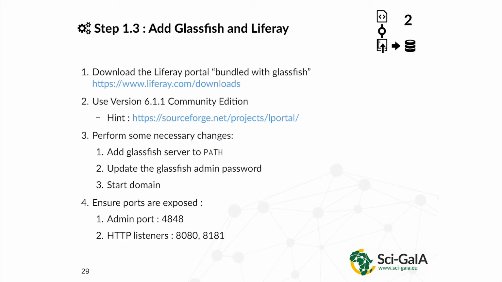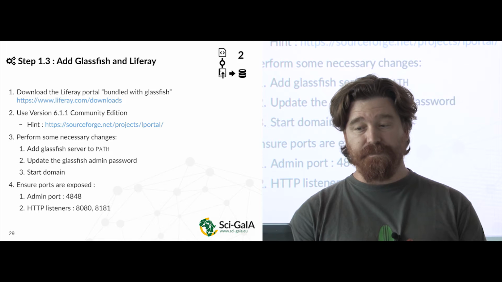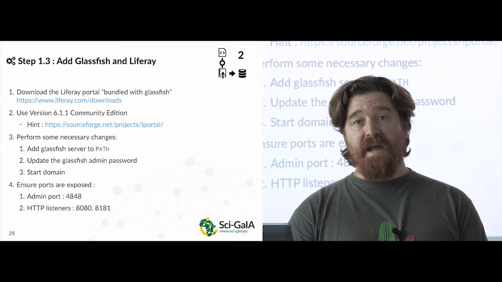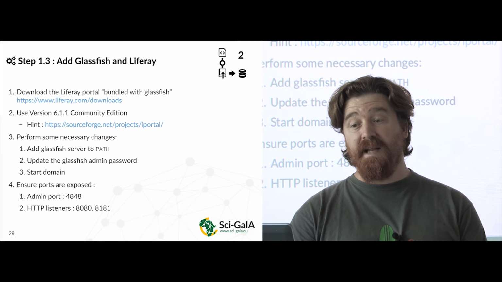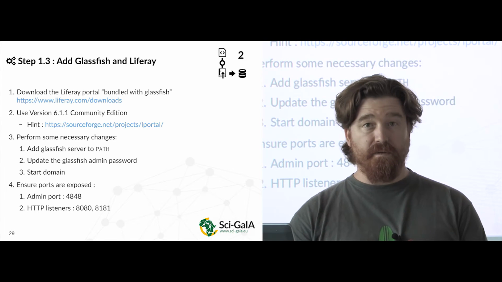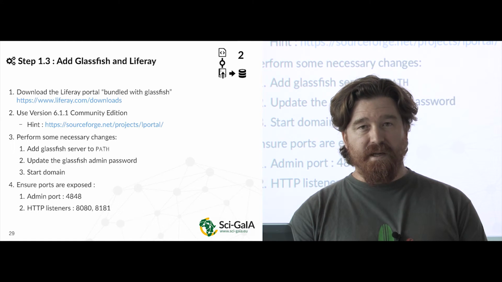The third step of the assignments is to ensure that you've got the Glassfish application container and the Liferay application in your container. Here I haven't given you any Dockerfile snippets because we want you to translate this English into the code that you submit as your assignment. The steps are essentially as follows.